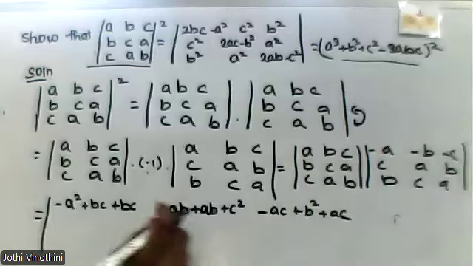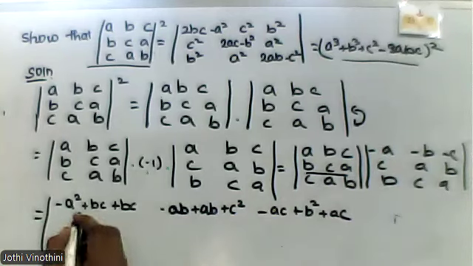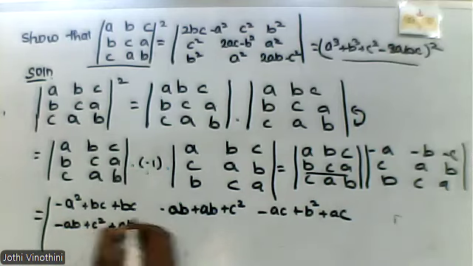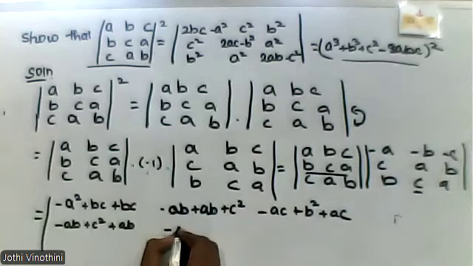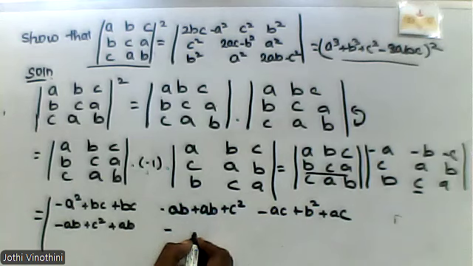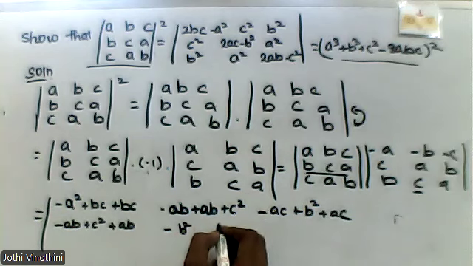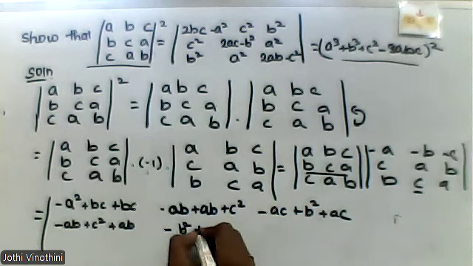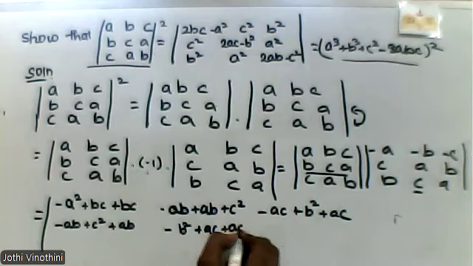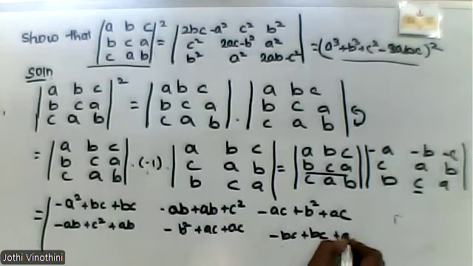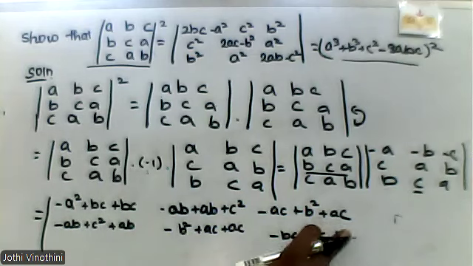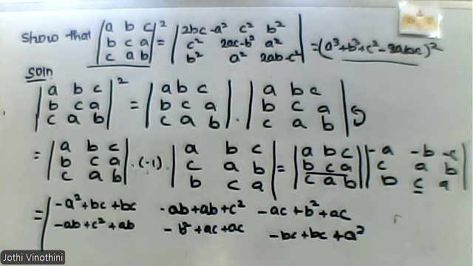Doing the second row with this one: minus AB plus C squared plus AB. Now row 2 with column 2: minus B squared plus AC plus AC, minus BC plus BC plus A squared.